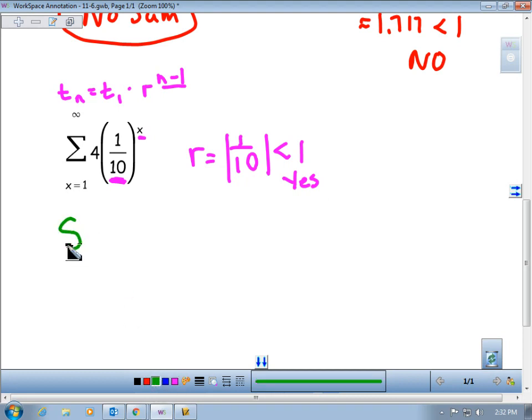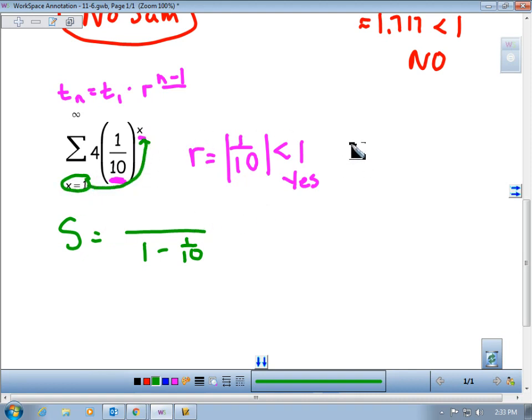So the sum is T sub 1 over 1 minus R. R is 1/10. What's my T sub 1? What's my first term? Oh, you have to plug in x equals 1. Yeah, that's right. Very good. Absolutely, Sam. We've got to take this x equals 1 and plug it in here.